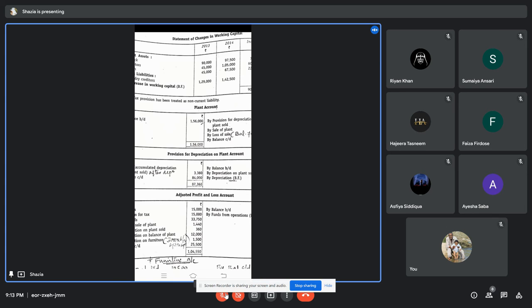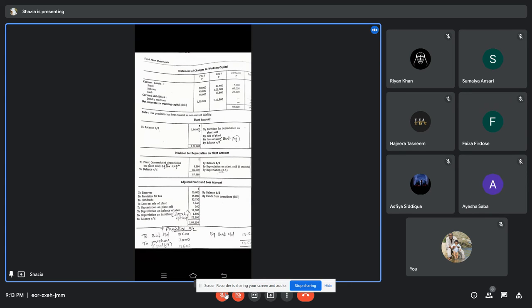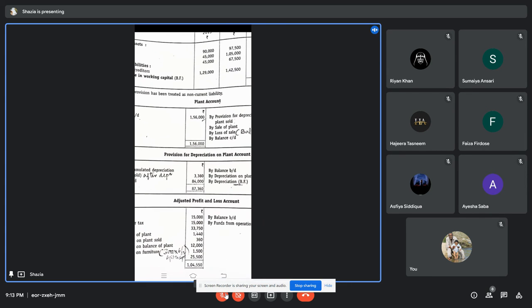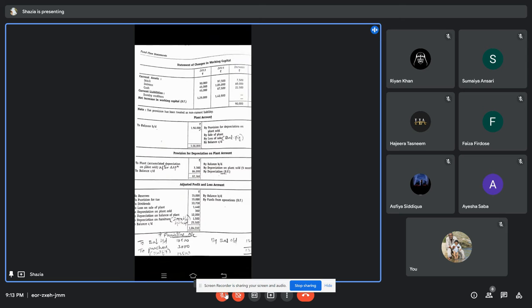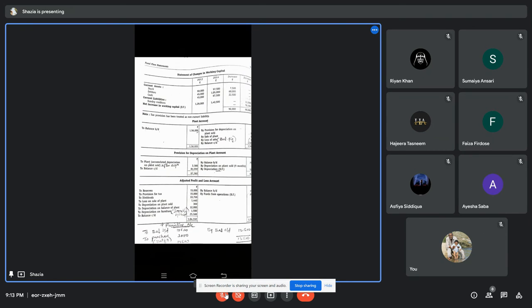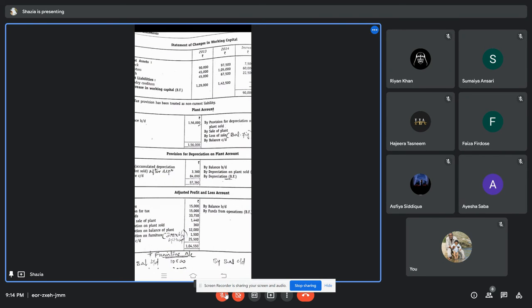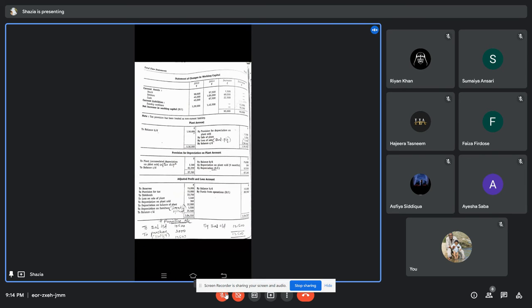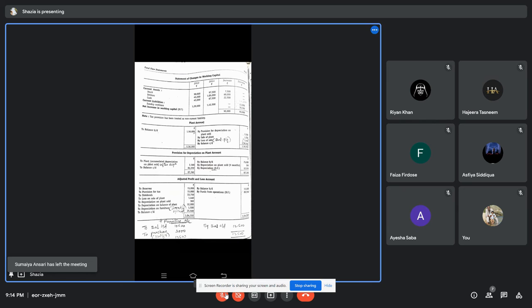This is going to be treated as a part of the provision for depreciation because they have given us the opening and closing balances of depreciation, on which we have also charged certain provision for depreciation on the sold amount. So this is also a part of your provision for depreciation. That's the reason it was towards the credit column. We transferred it and we got it done towards the debit column. So that is 3,360.